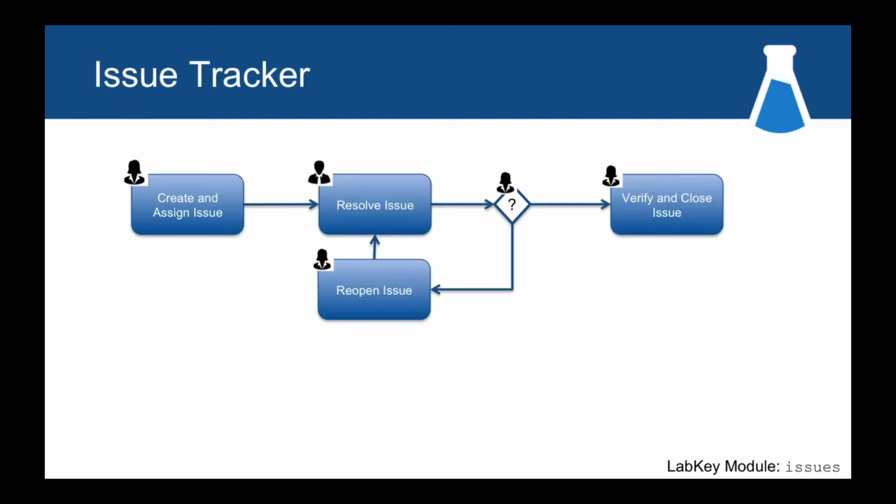At which point the original requester will be notified, and they can make a decision just based on whatever was logged in the issue itself, whether they want to verify and close the issue, or perhaps reopen the issue, and then it goes back to the person who was originally assigned it, or perhaps somebody else.